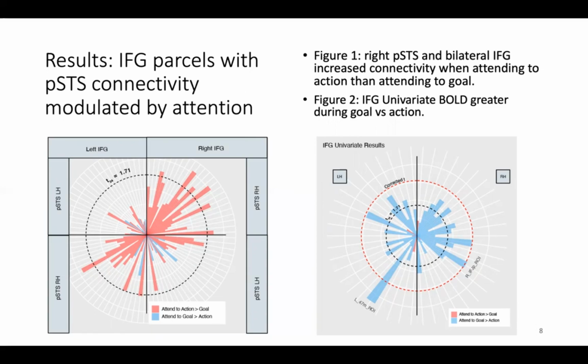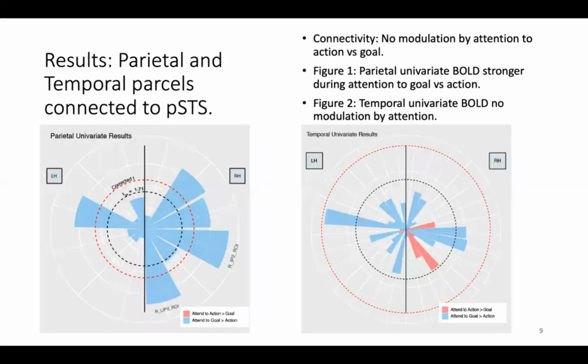However, the right figure shows the IFG univariate BOLD response is greater during goal rather than action. This implies that a different neural mechanism is involved during attention to action and attention to goal. Further, by investigating the modulated connectivity between parietal and temporal cortex to PSTS, we didn't find a modulation effect on connectivity.